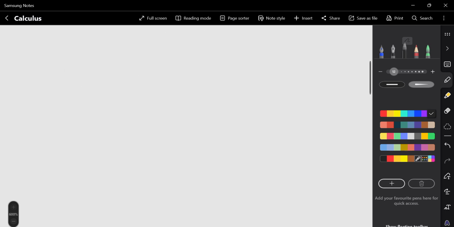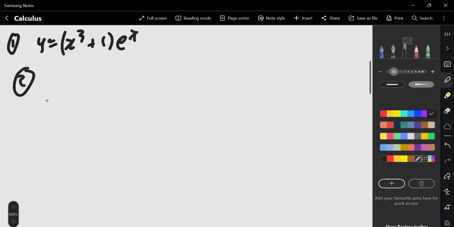Nice. I'm going to give you some to do now. Let's go for number one. Number one. y equals x cubed plus 1, times e to the x. Number two, let's go y equals x cos x.